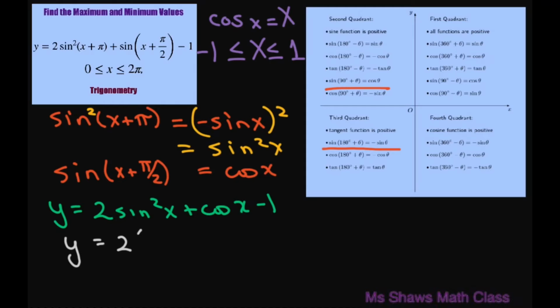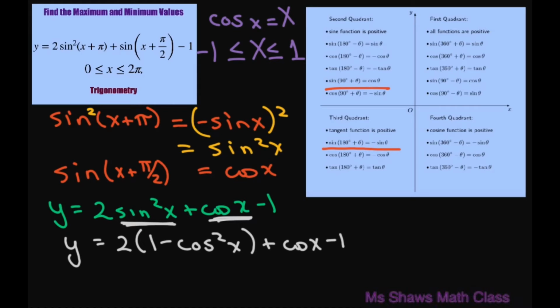We have a linear term in cosine of x. So sine squared of x, we want to write that in terms of cosine. So using my Pythagorean identities, I'm going to write it like that.